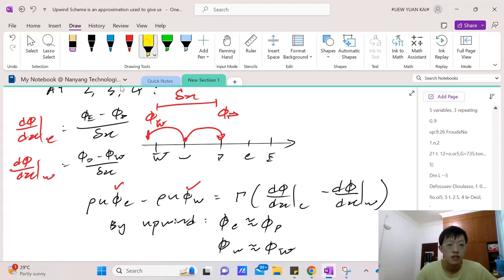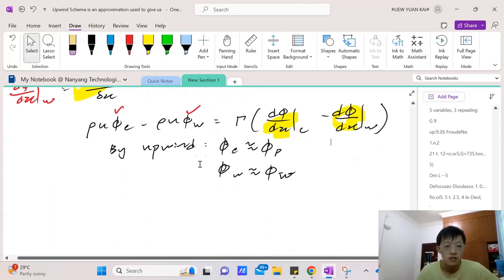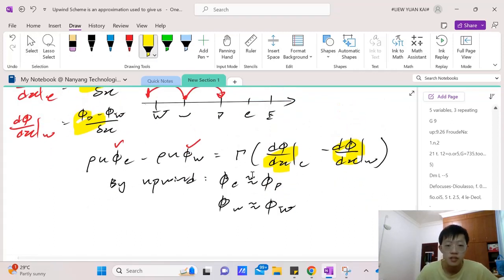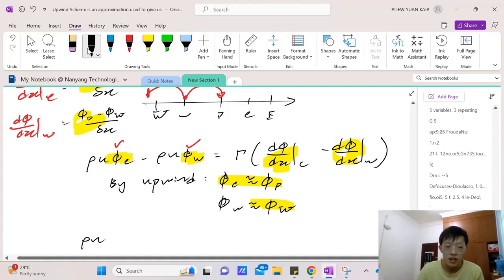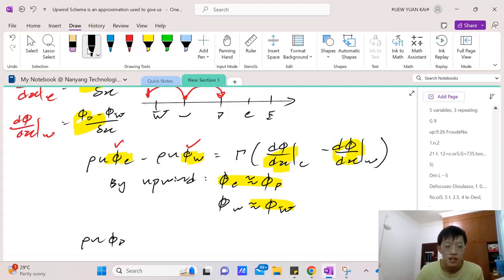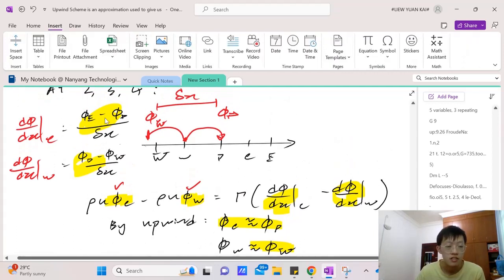Okay, so now we can substitute these values into here, and also this into here, this into here. So now I'm gonna replace phi e with phi p, because we use that by the upwind differencing scheme. And then I'm gonna replace phi small w with phi big W, also because of the upwind differencing scheme. And then this, I'm gonna replace with the central differencing scheme.